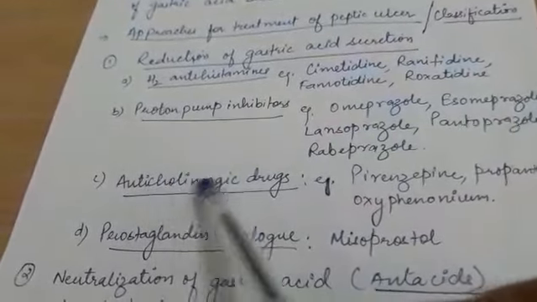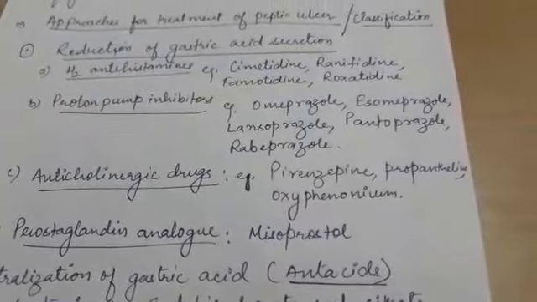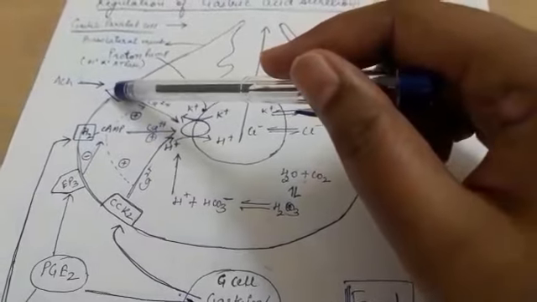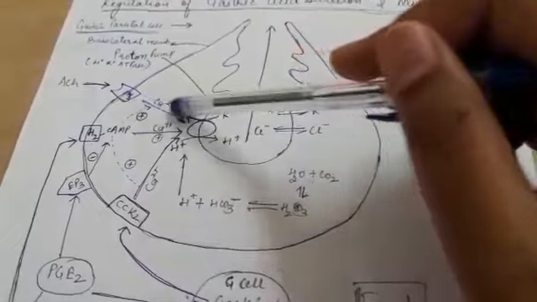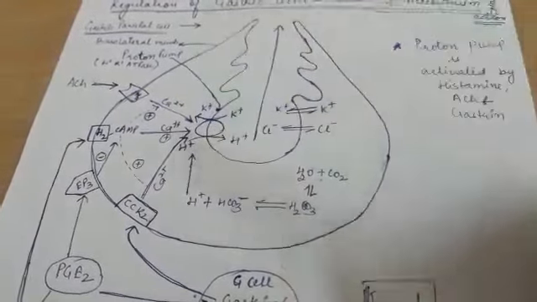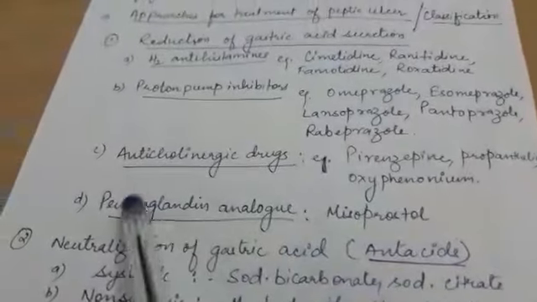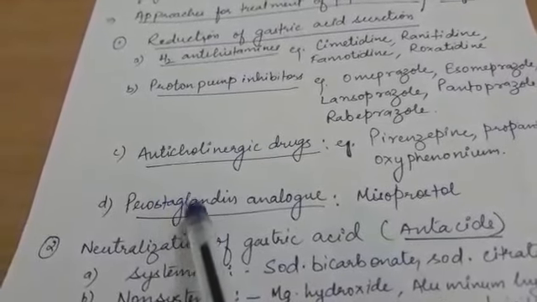Then the third class is anticholinergic drugs. Examples are pirenzepine, etc. They will block the muscarinic receptors, and thus they will inhibit this hydrogen potassium ATPase pump. And in this first class, the last subclass is prostaglandin analog. You have already read that prostaglandins are gastroprotective.